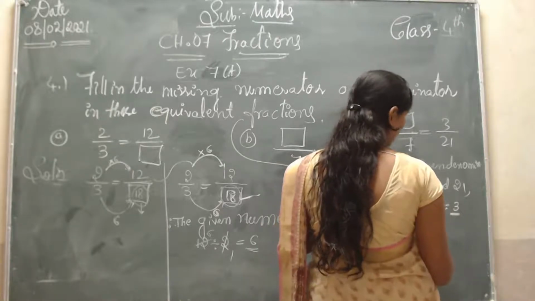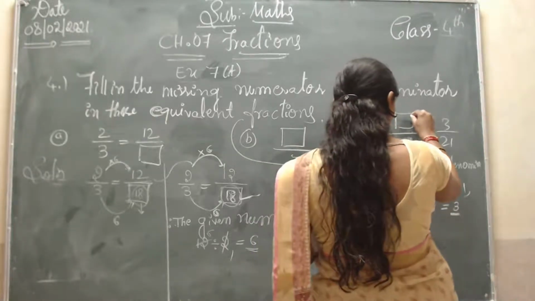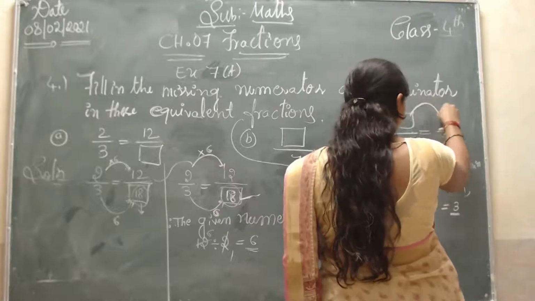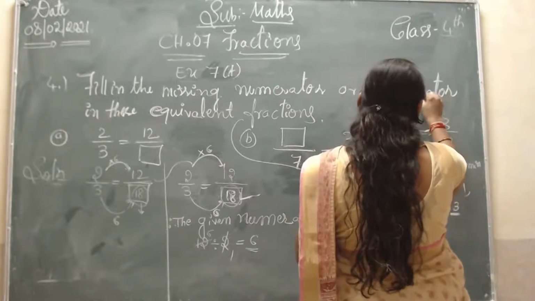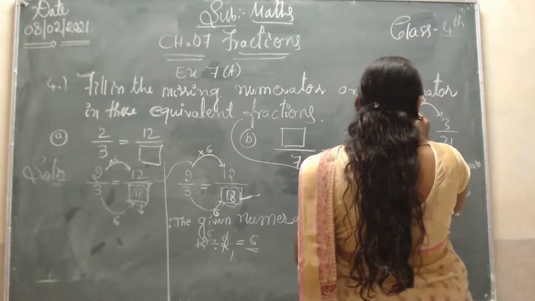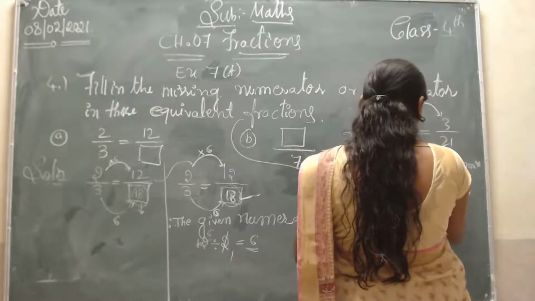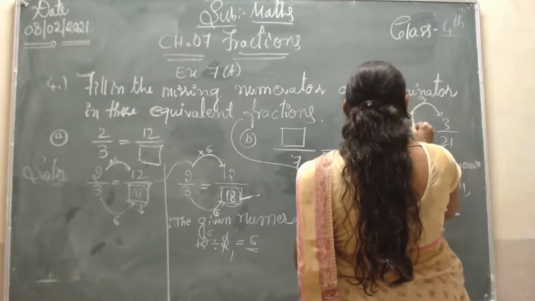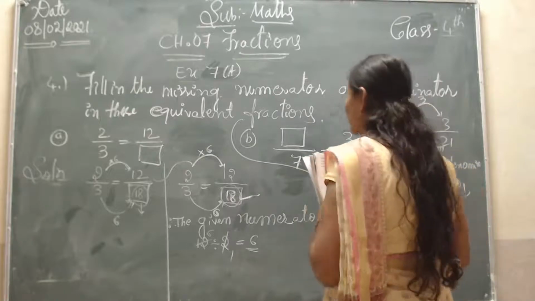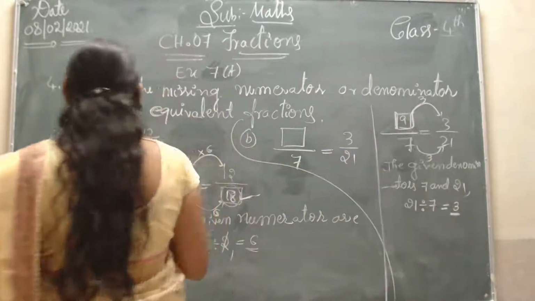Next step, multiply the numerator and denominator by 3. So 3 3s are 9, and 7 3s are 21. What is the value of the numerator? The numerator is 9.